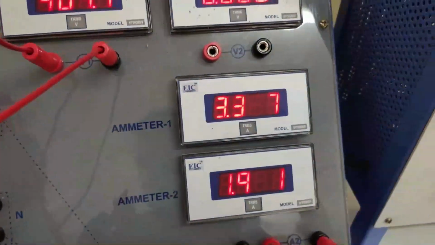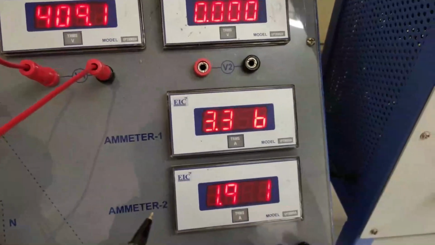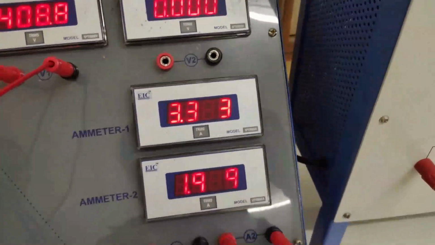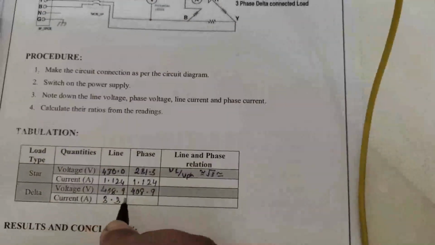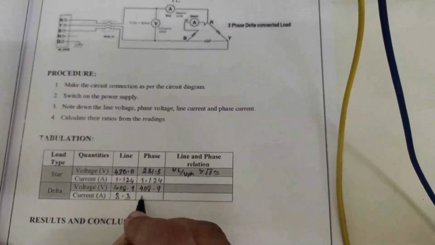Now let us see what the current values are here. The line current is 3.3 and the phase current is 1.9.